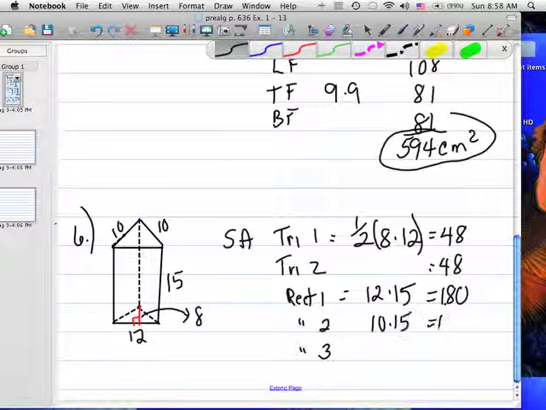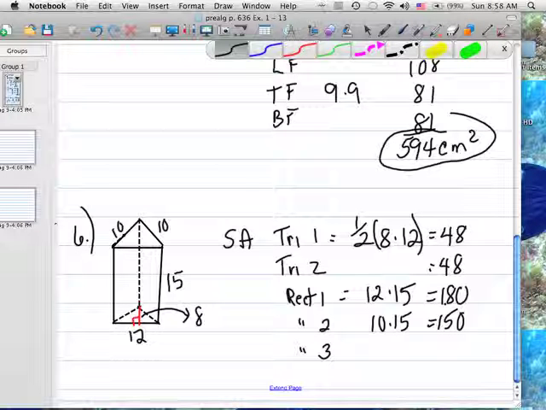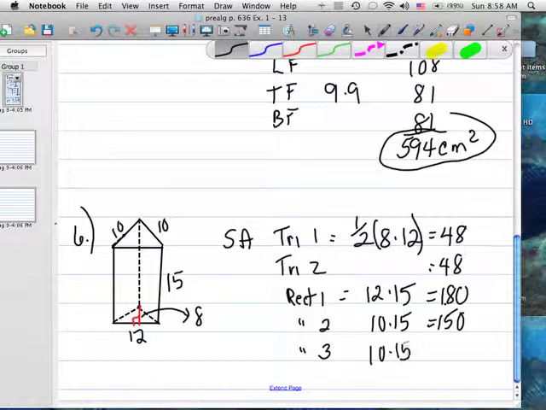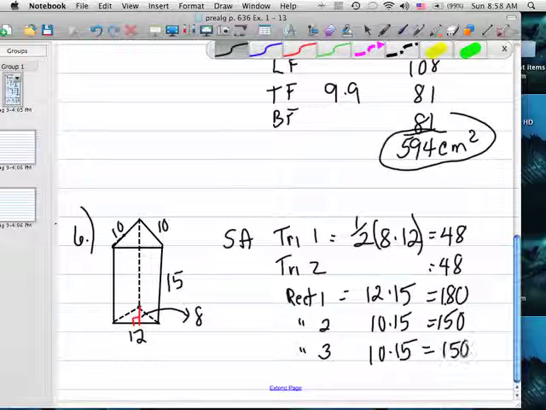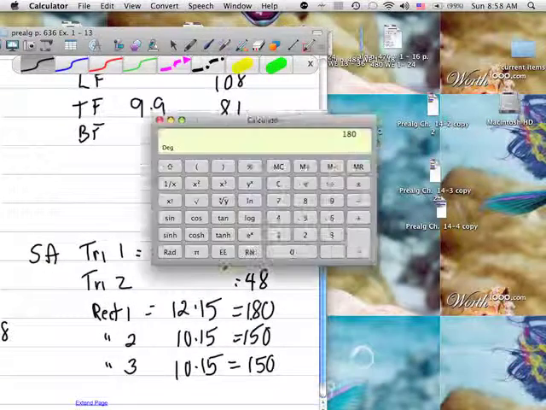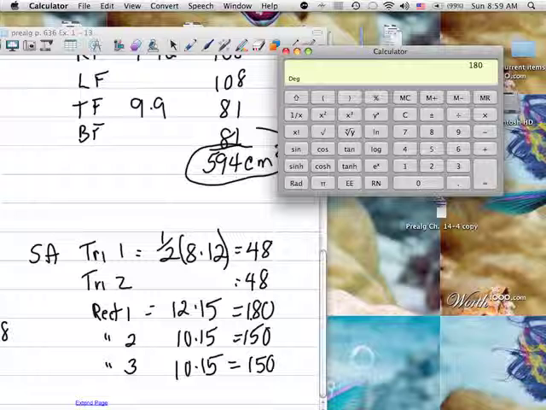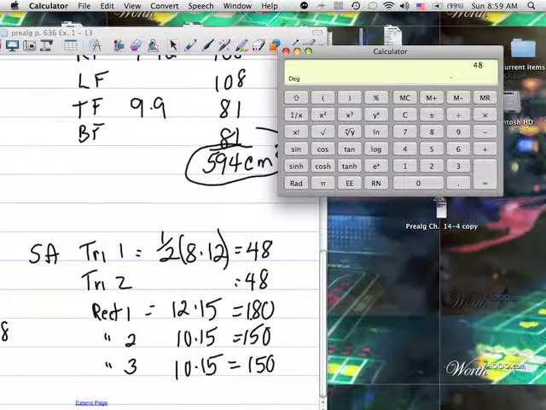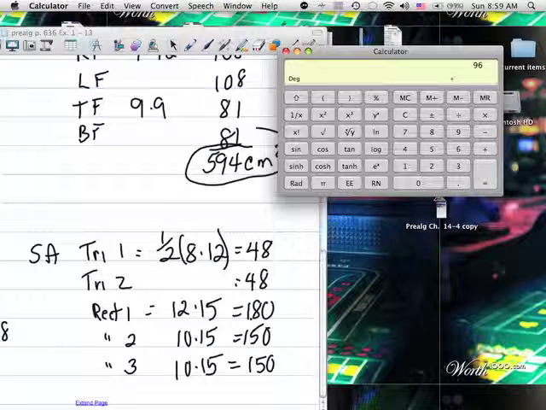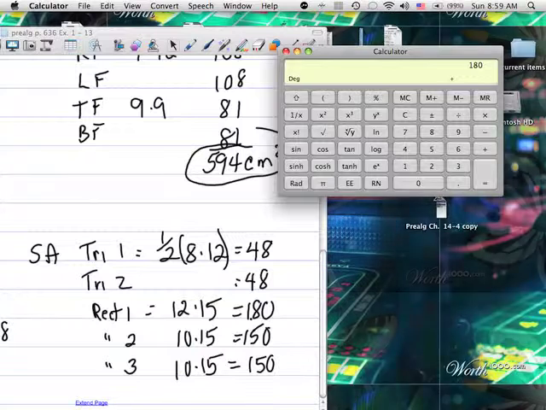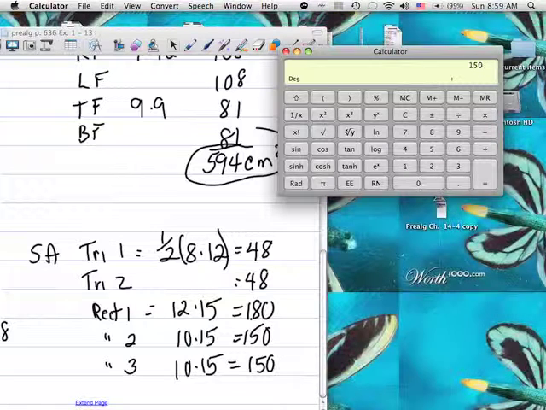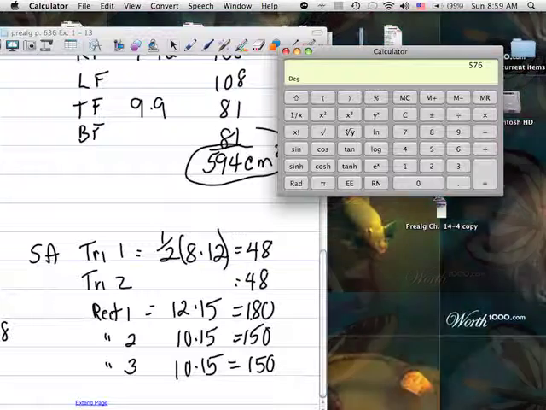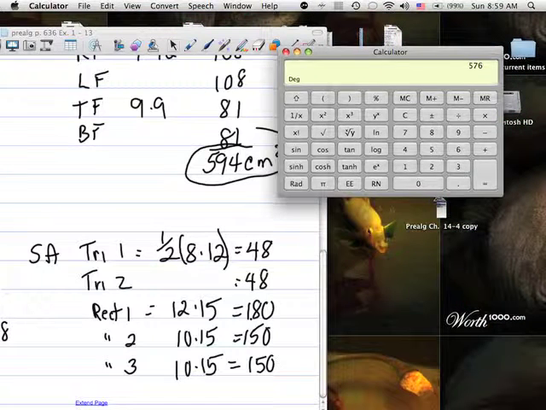That's 150. And the one on the left is 10 by 15 also. So that's 150. And then adding those up, we have 48 times 2 of those, plus 180, plus 150 times 2. So our answer is 576 square yards.